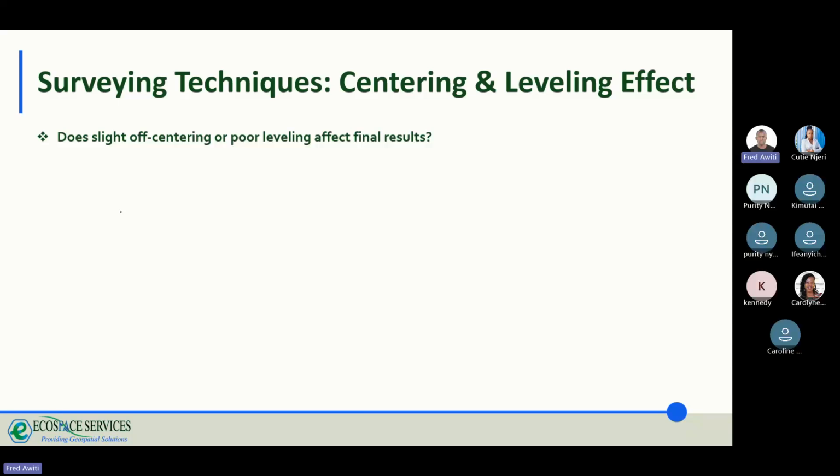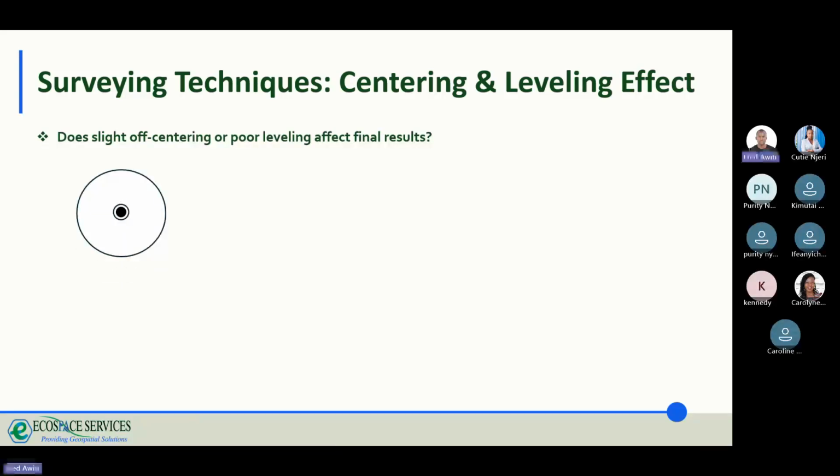We're looking at why you do it. And if you made an error, what would the error amount to in the results? So somebody can ask a question: does any slight error of centering or even poor leveling affect your results? Of course, the answer would be yes, but the question is, where in your results is that effect going to be applied?